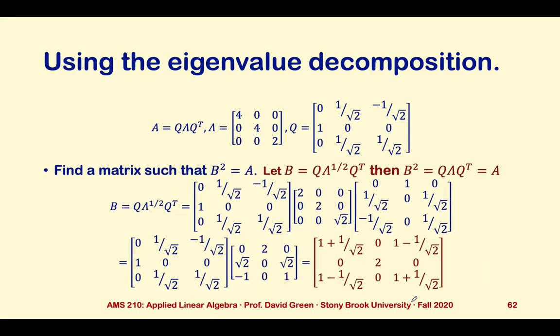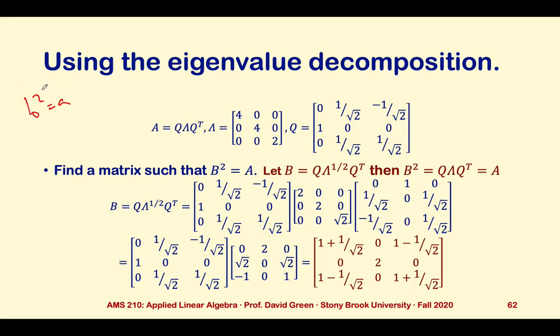Okay, now what about the next piece? The next piece we asked: can we find a matrix B such that B squared equals A? This is an interesting one because it hits at the idea of a square root of a matrix. If these were scalars, what would we do?